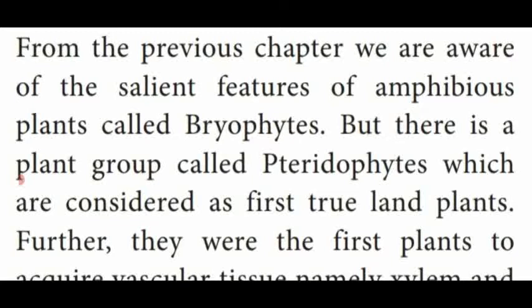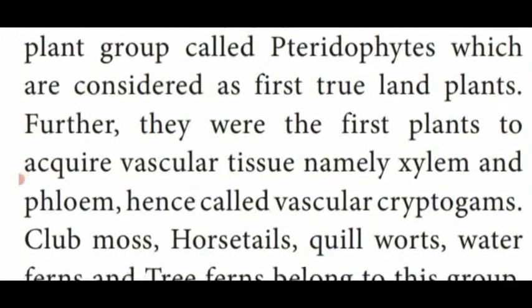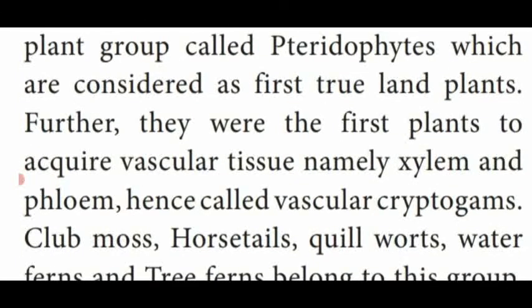Underline the word. One more question. Pteridophytes are considered as first true land plants. So these plants also contain conductive tissue or vascular tissue known as xylem and phloem. So they are known as vascular cryptogams.